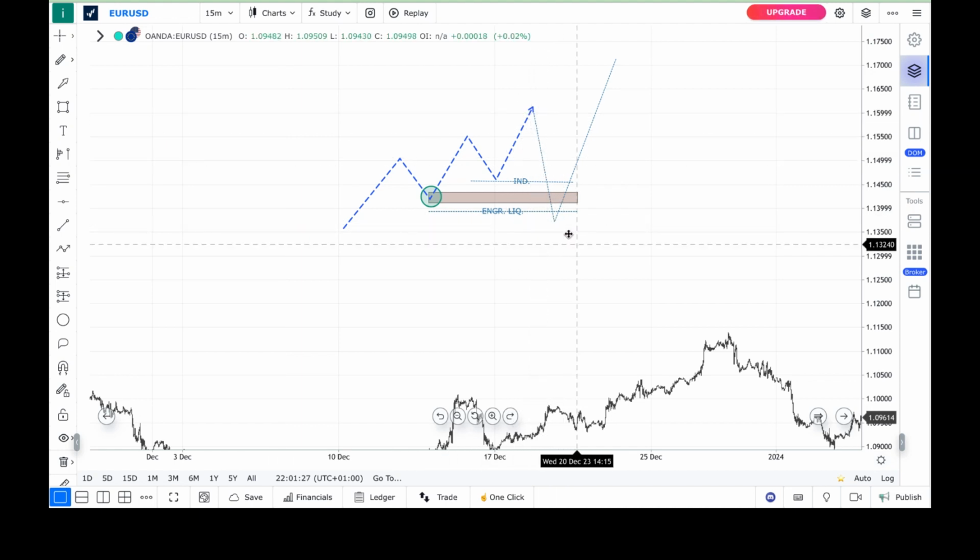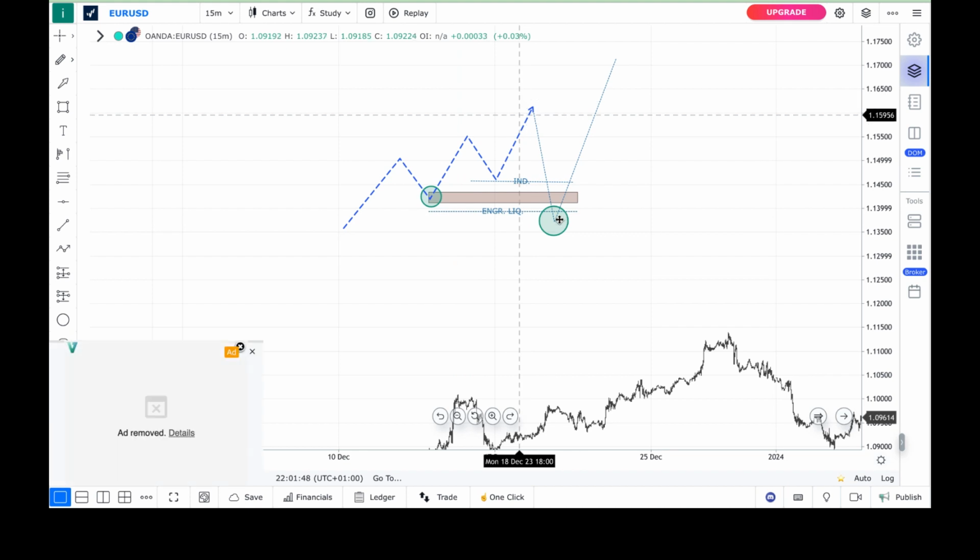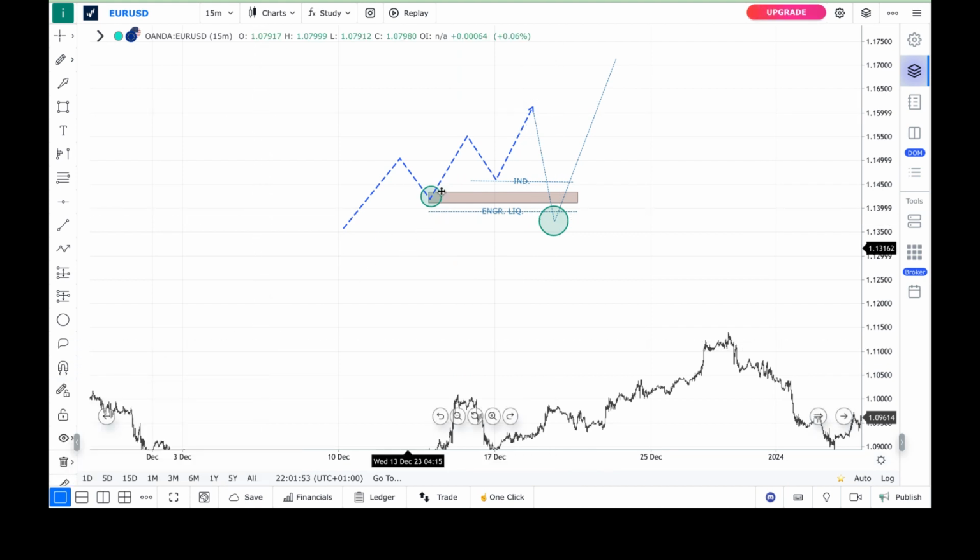They love to buy in the discount zone so they can make enough profit. So those are the reasons why the institutional traders still trap people in the movements they formed in the forex market.